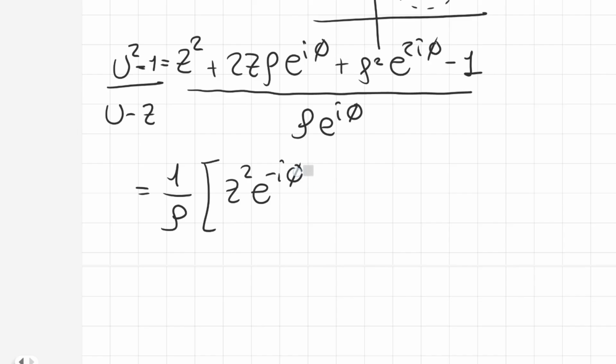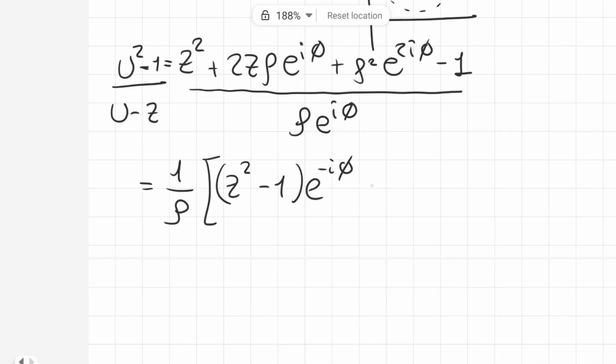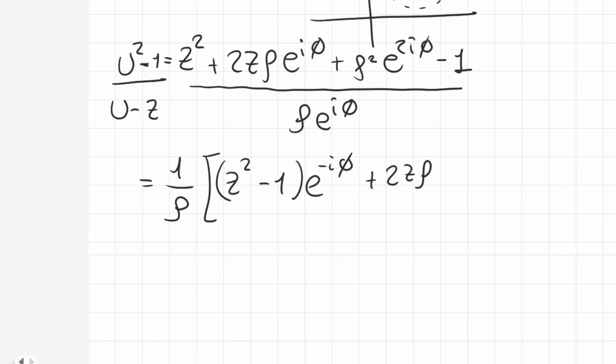And then, actually, we can take this minus 1 over here to get e to the minus i phi as a common factor. I did that for this minus 1 that we have here, right? So then we will have plus 2z rho, and then plus, what are we going to get?